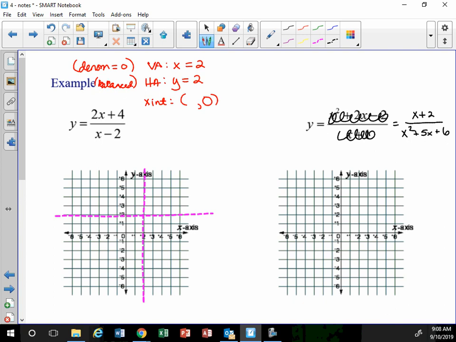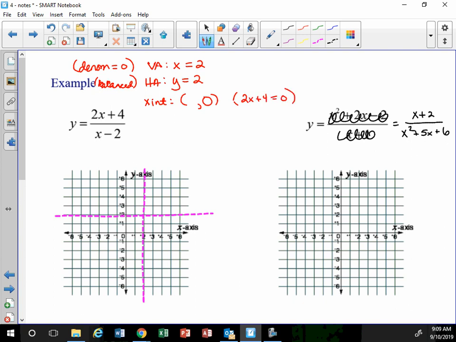But how is a fraction equal to 0? Like, which part of it actually matters if I want it to equal 0? The top part, because if it's 0 divided by anything, it's going to be 0. So to find the x-intercept, all I really have to do is set the numerator equal to 0.